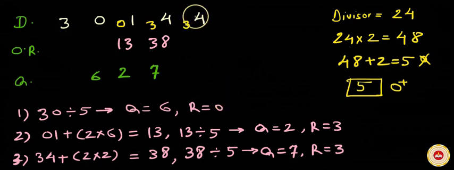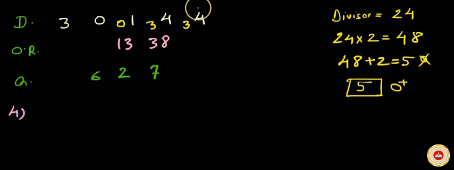Now read this as 34. Now friends, let us calculate last osculation number. So friends, please pause the video and write these 3 steps. Okay. Step number 4. 34 plus, see friends, we are calculating last osculation number.